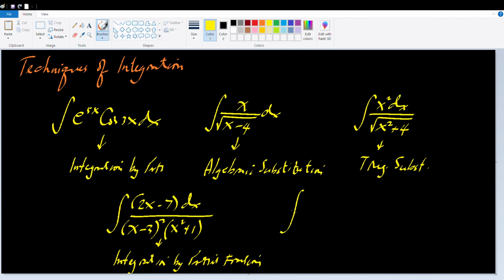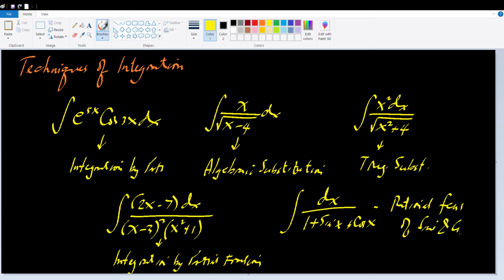Another is the integral of, say, dx over 1 plus sine x plus cosine x. And this falls under integrals involving sine and cosine, or rational functions of sine and cosine.